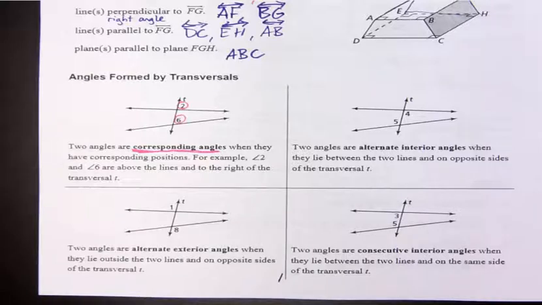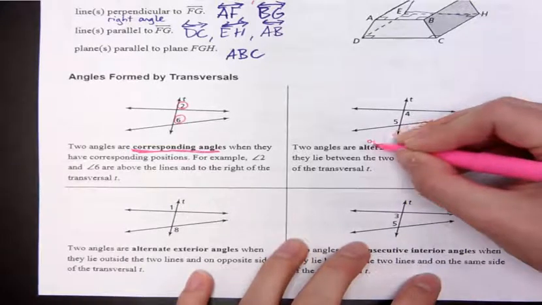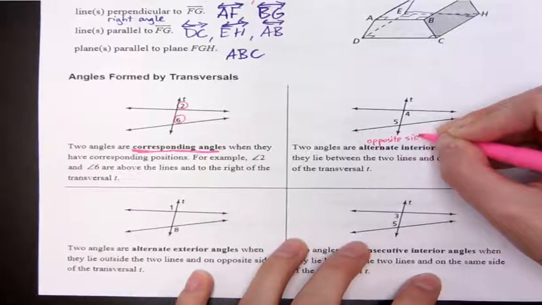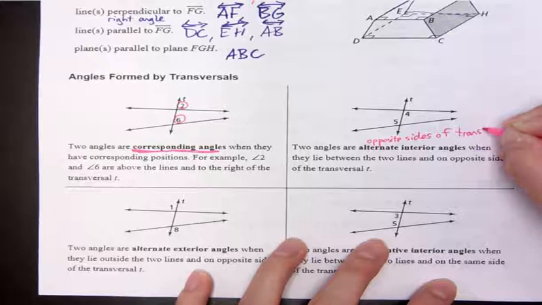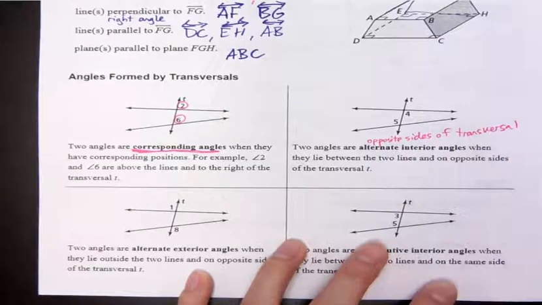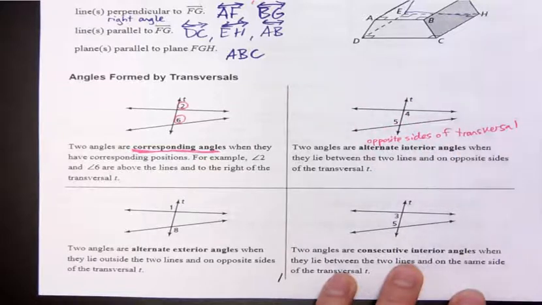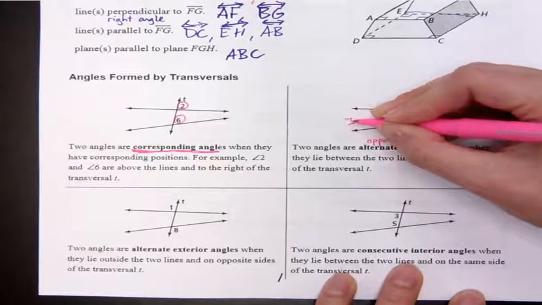All right, what does the word alternate mean? Switch. Yeah, alternate or opposite sides. So alternate means opposite sides of the transversal. Okay, and interior just means in between the two lines the transversal is crossing.